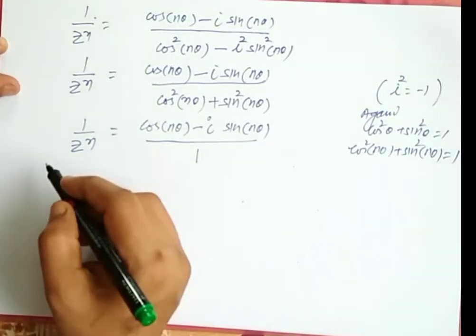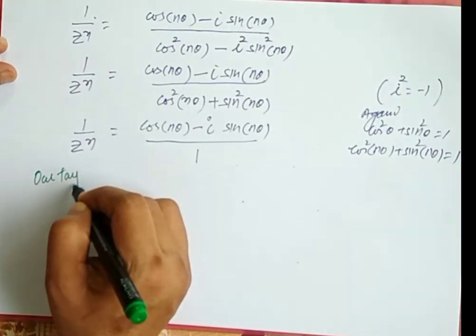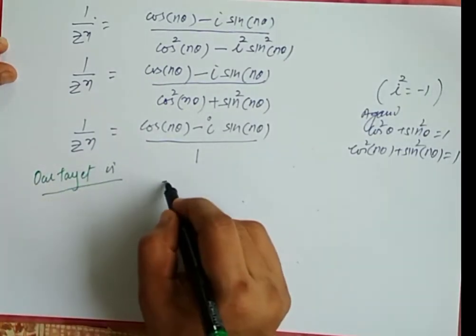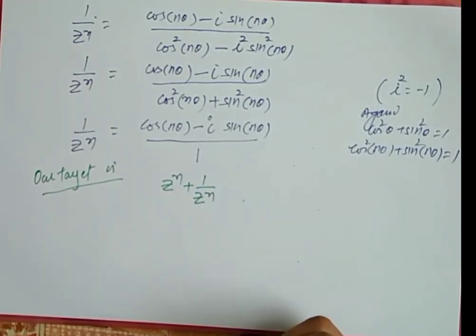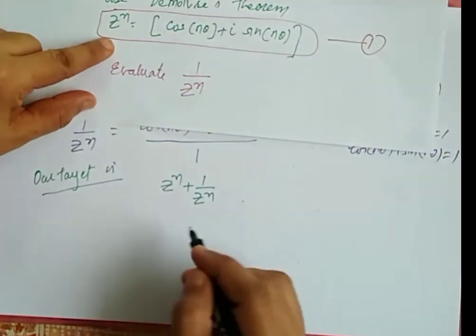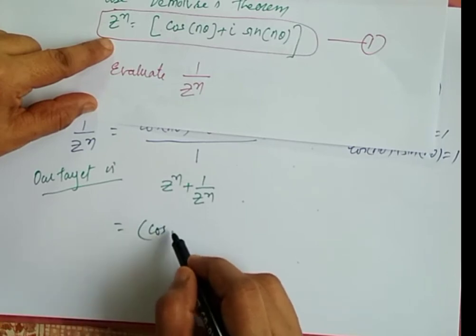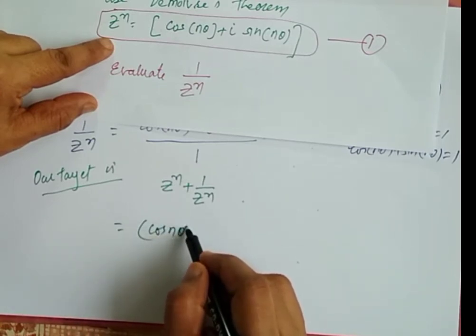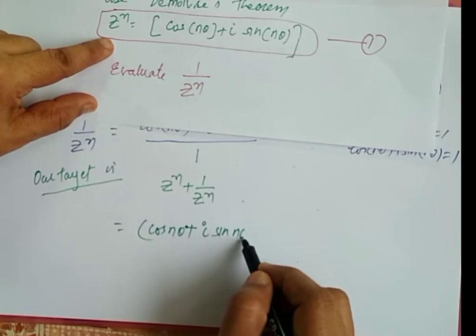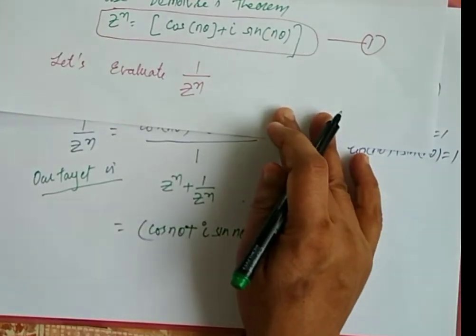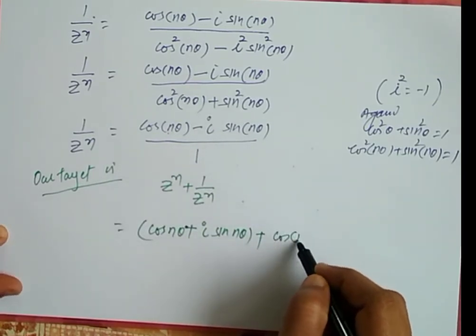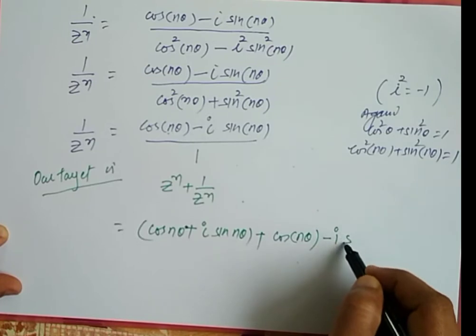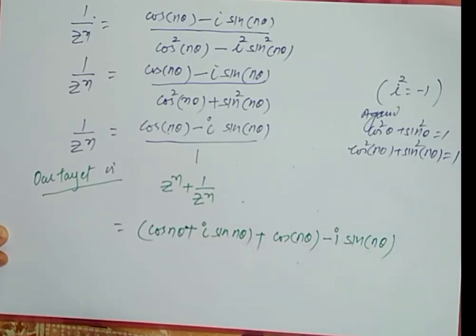Now what was our target? Our target is z raised to power n plus 1 upon z raised to power n. Let us substitute the values. We have already evaluated z raised to power n is equal to cos of n theta plus i sin n theta, plus 1 upon z raised to power n is cos of n theta minus i sin n theta.